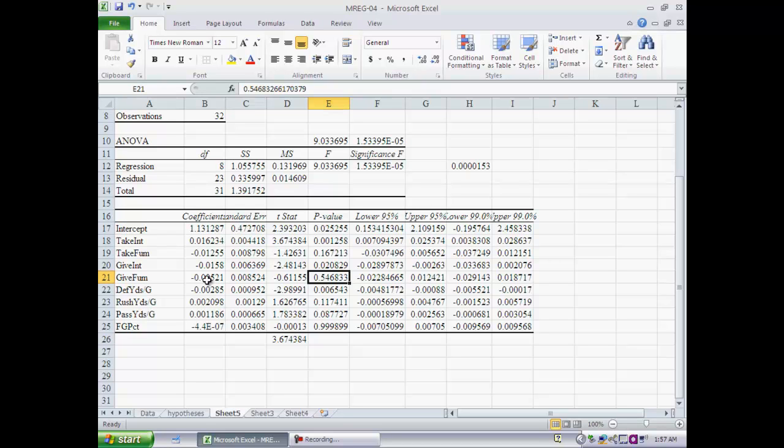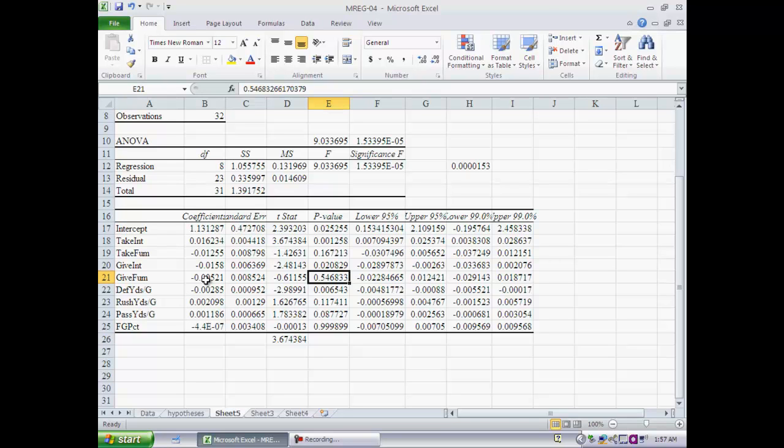So what this p-value of 0.546 is saying is that if beta 4, the true slope, the true coefficient of x4, if beta 4 was in fact 0, there is a 54% chance that I would make a type 1 error by rejecting that proposition.